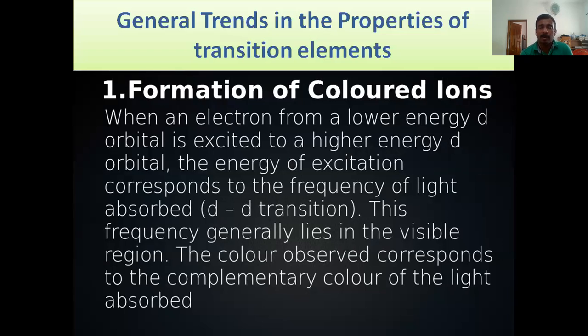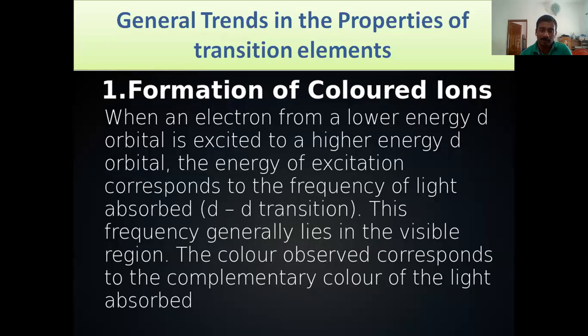You know, transition elements form colored ions. For example, ferrous sulfate, which is pale green in color, but ferric chloride, that is yellowish in color. Similarly, potassium permanganate solution, which is pink in color.